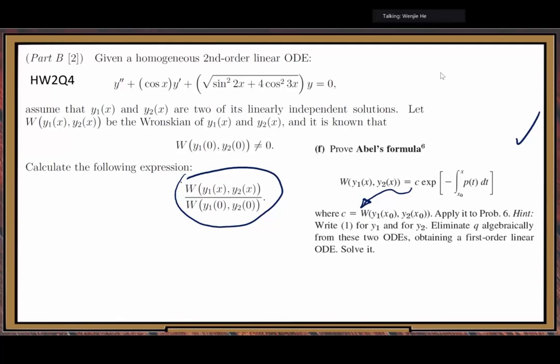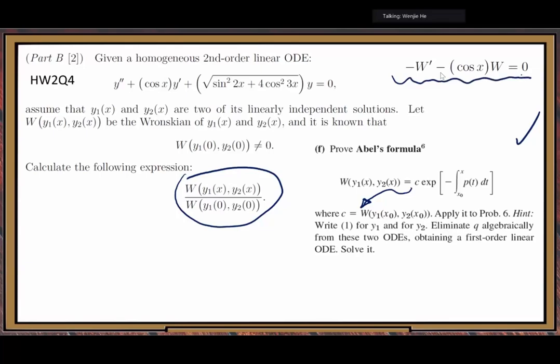In my solutions, I derived it, but most of the students just applied the formula directly. A few students derived it. When you derive it, we have this simple ODE.